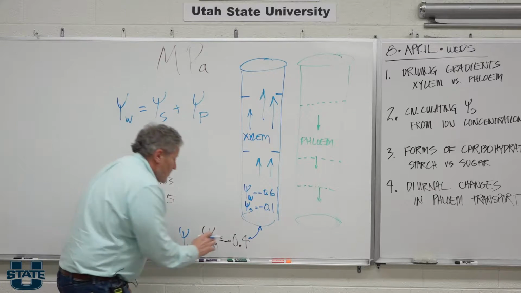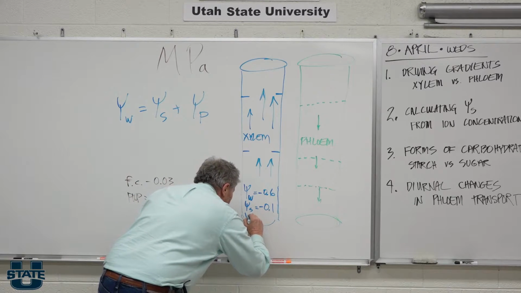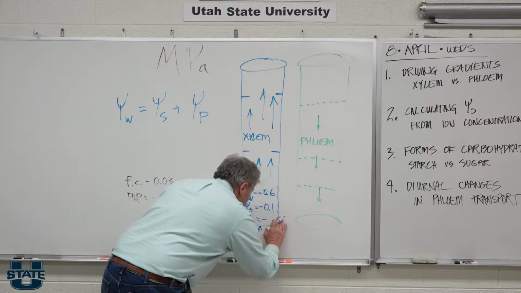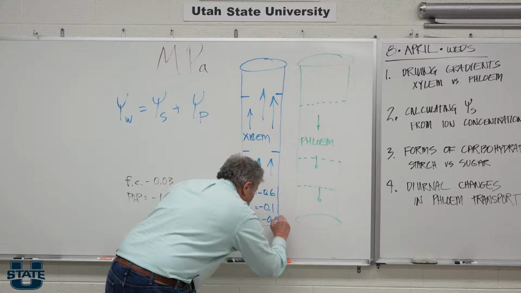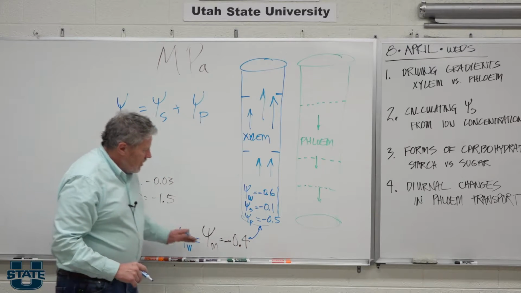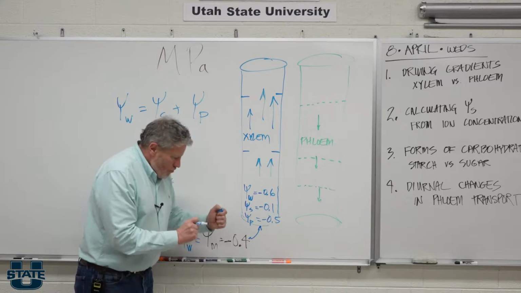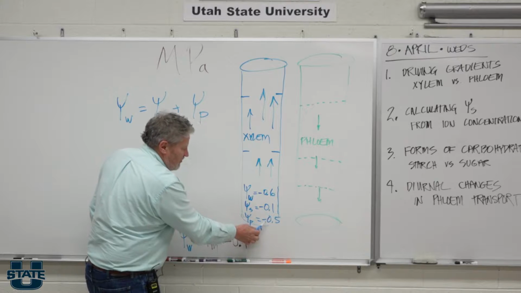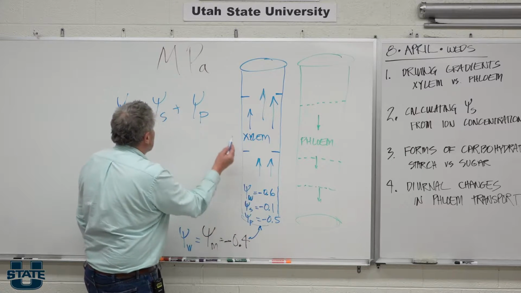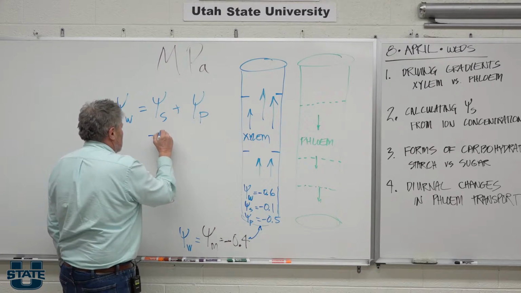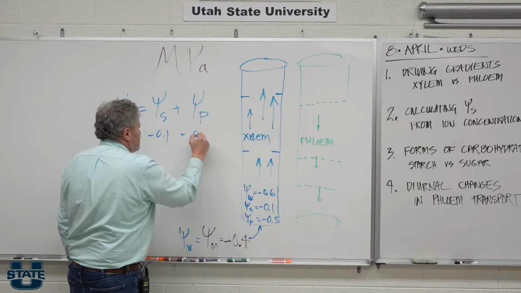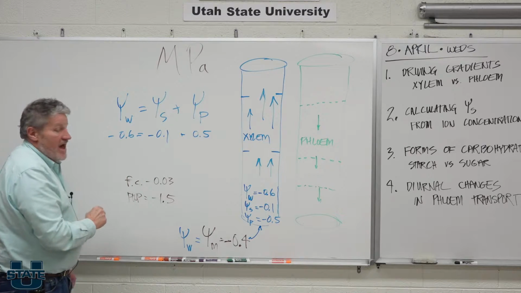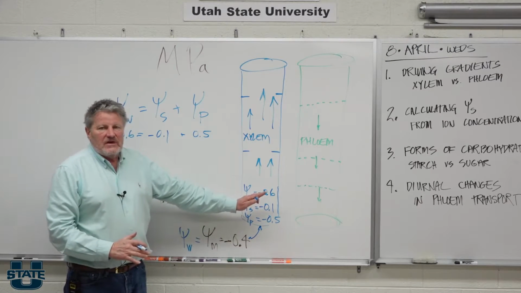What happens to psi p? Look, psi p for pressure minus 0.5. The water is sucked into here, and it's a negative potential. Minus 0.5 plus minus 0.1 equals, down here we got minus 0.1 plus 0.5 minus 0.6. There's the math. So the water's moving into the xylem.